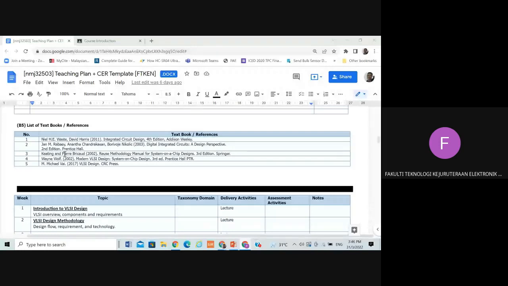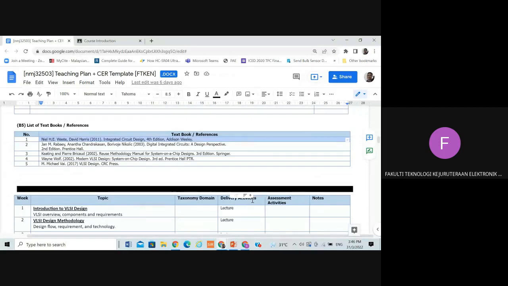Okay, thank you for the response. So the textbook, this is the textbook that you may refer to. I believe it's available online. You just Google it: CMOS VLSI design.